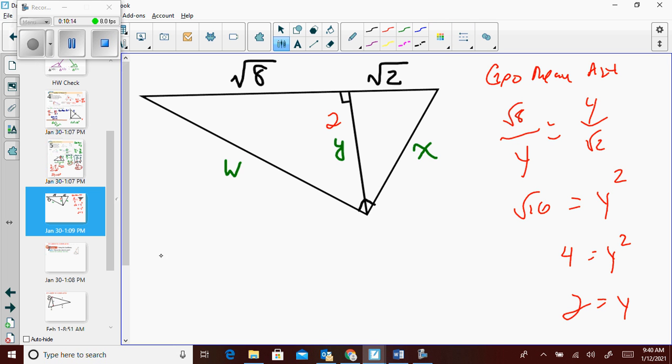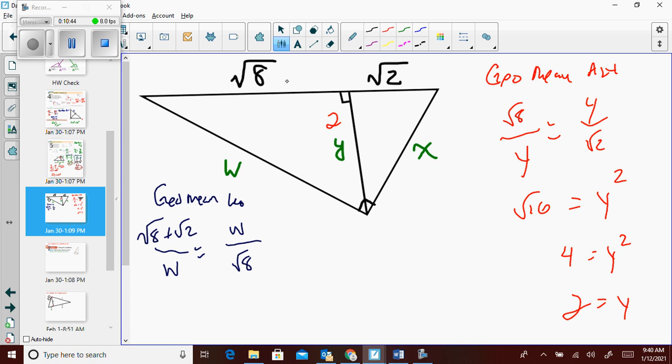Let's look at w. Geomean leg. Well, the adjacent piece is radical 8. Here, the hypotenuse is radical 8 plus radical 2. It's radical 8 plus radical 2, because that's not radical 10. You can't just combine it like that, okay?